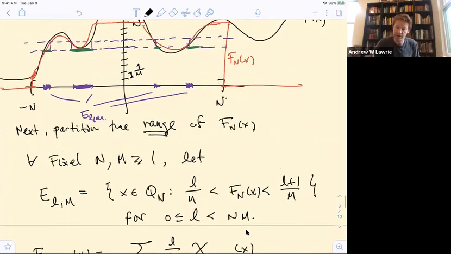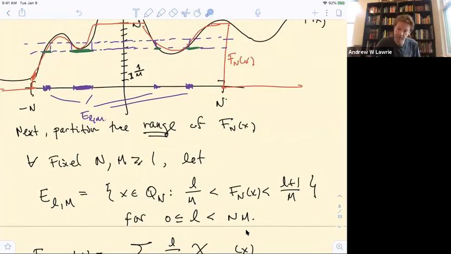Because I've only allowed the range of f to be between L over m and L plus 1 over m in this range here. So even if I set this equal to the bottom of the possible values that f could take here, I'm only off by 1 over m for each of these.